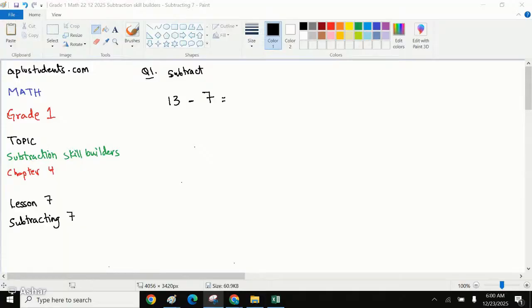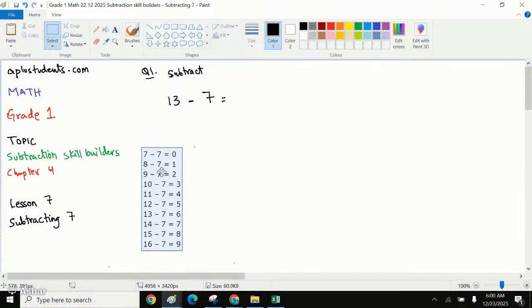We will use that grid also to make our lives easy and to try to find answers. So what we can see is 13 over here minus 7, right? So we know that our answer is 6. Agreed? 13 minus 7 is 6.